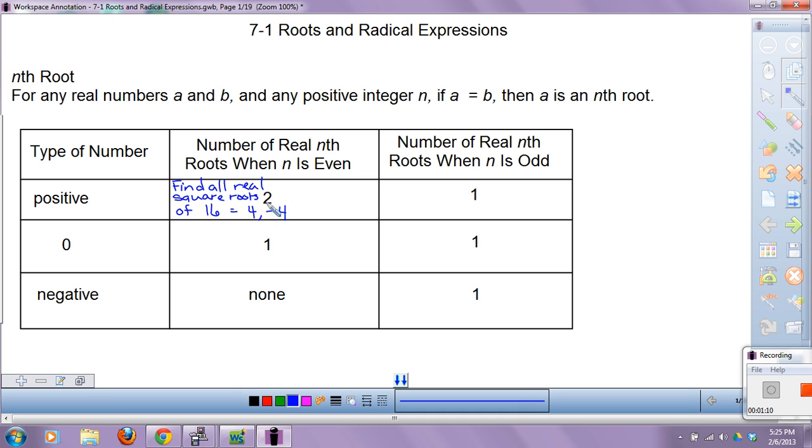So notice there are two answers. There are two roots. That's the number of real nth roots. In this case, the number of real square roots is 2.